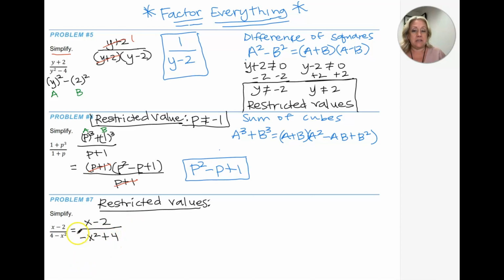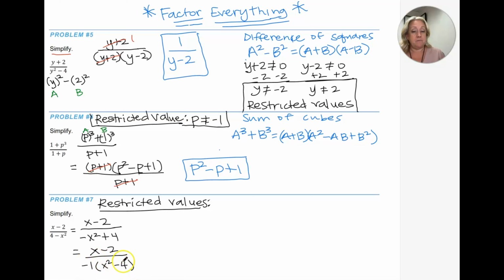And now we can see that we have a -1 to factor out. If we factor that out first, it'll make the rest of the factorization easier. Leave our x minus 2 on the top, and on the bottom I'll have -1 times x squared minus 4.